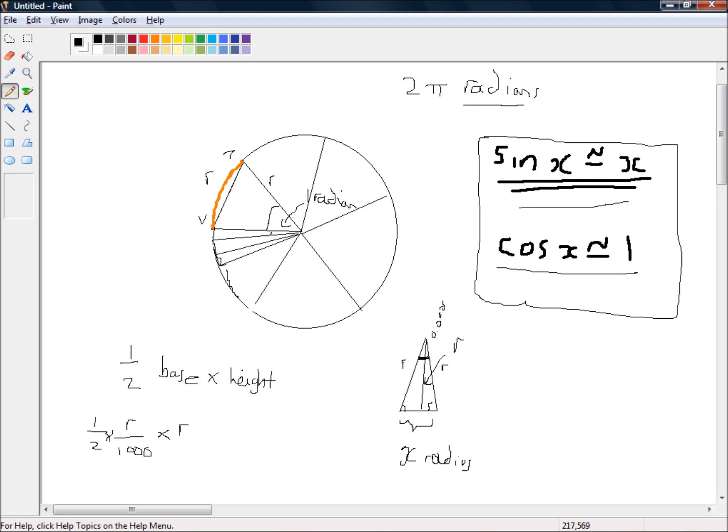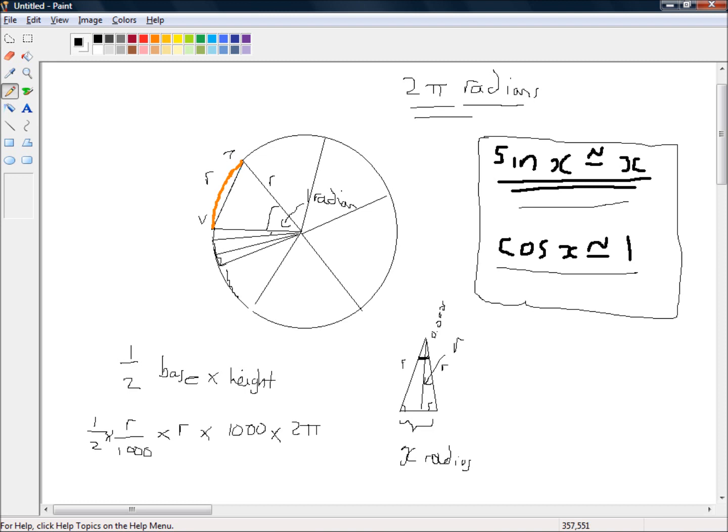So that's the area of one of our really tiny triangles. Now we said we'd have 1,000 of those triangles in 1 radian, so we have to multiply by 1,000 triangles to make 1 radian, and then we have to multiply by 2 pi radians to get a complete circle, because there are 2 pi radians in a circle.